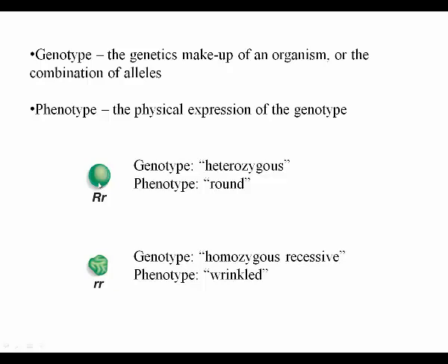The phenotype is the physical expression, and the phenotype is round. In this case, the genotype is homozygous recessive, and the phenotype is wrinkled. One genotype that's missing here is homozygous dominant, and that would be a round seed. But notice that I don't use the term dominant or recessive when I'm referring to the heterozygous genotype or the heterozygous individual.